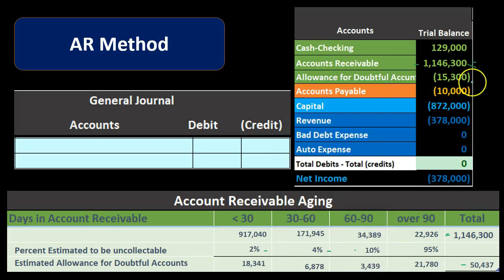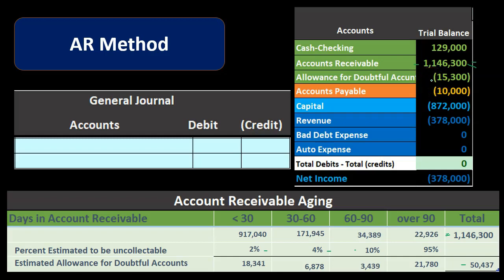Now, it's possible for this account before we start to actually have a debit balance. And why would that happen? That would mean that in the prior time period, we estimated that we had so much that would be uncollectible, and more happened to be uncollectible than we had estimated, flipping this account to a debit balance.